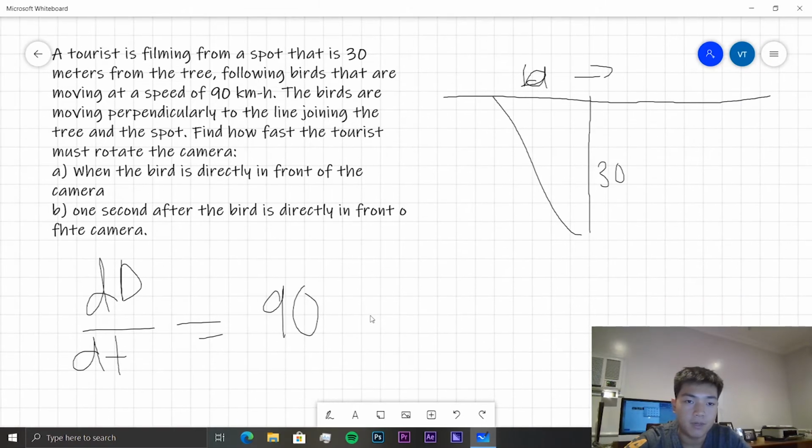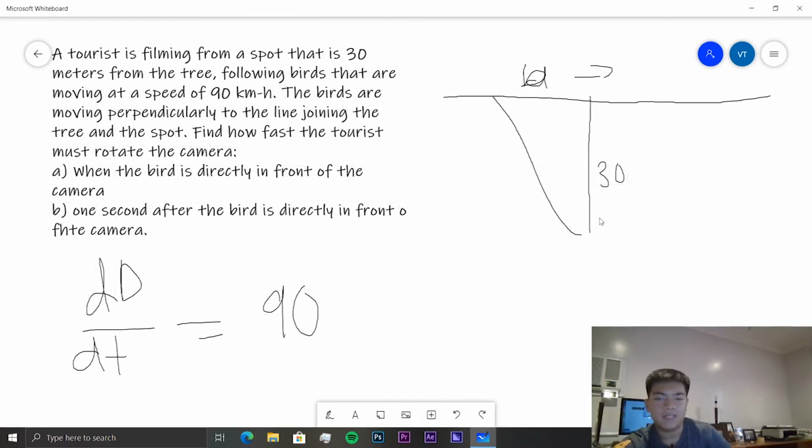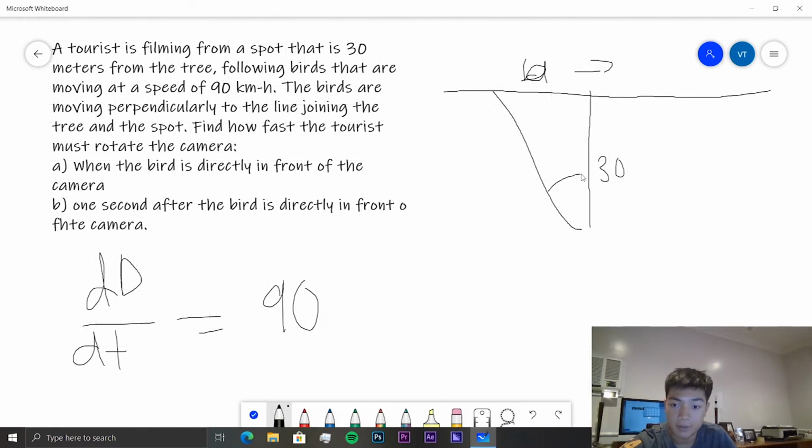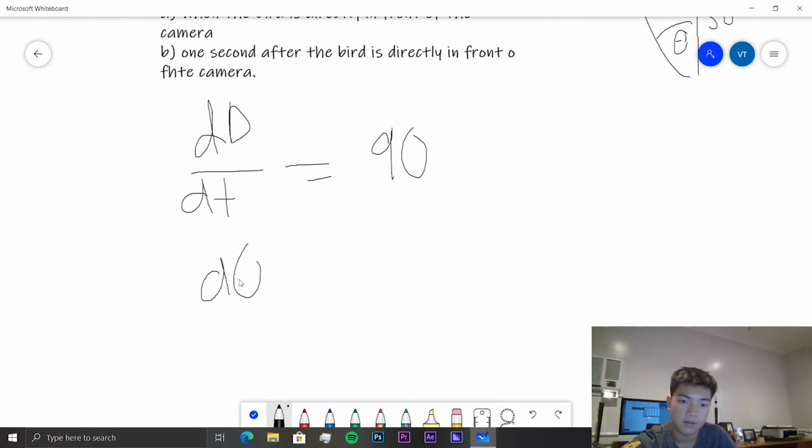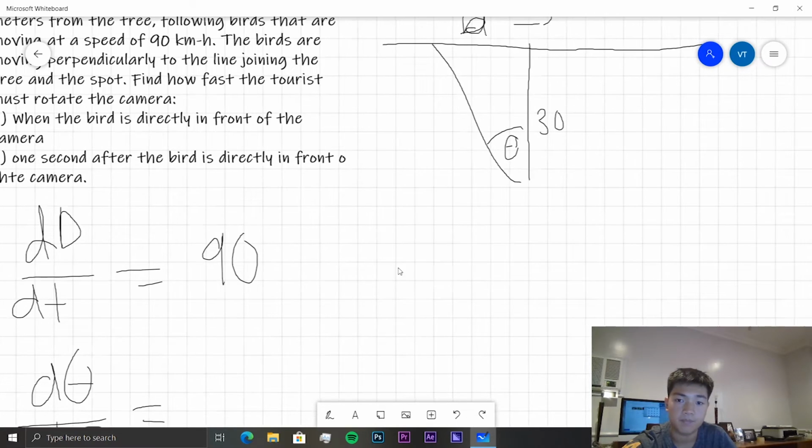We know the relation between the distance from the birds and this angle over here. Let's label this angle theta.